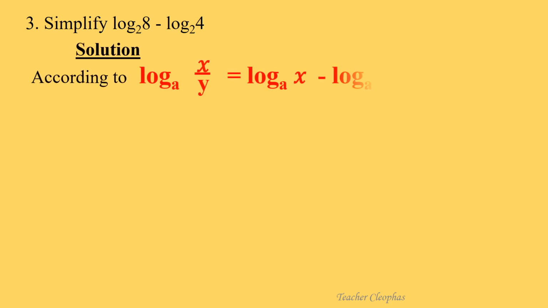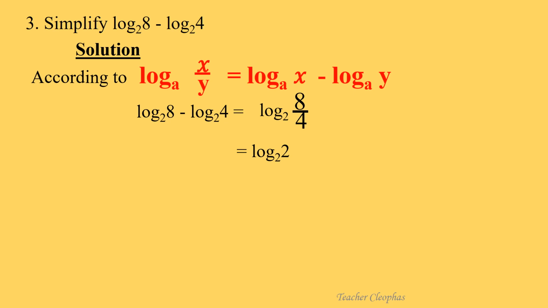According to the law of logarithm that states that logarithm of x over y to base a equals logarithm of x to base a minus logarithm of y to base a, we can write logarithm of 8 to base 2 minus logarithm of 4 to base 2 as logarithm of 8 over 4 to base 2. 8 over 4 is 2, so we can write logarithm of 2 to base 2.